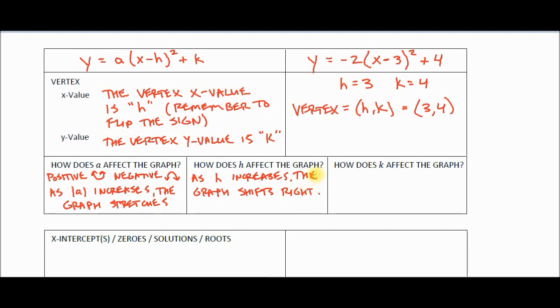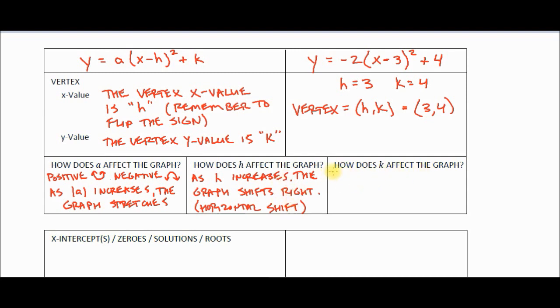And that means, class, that of course, as h decreases, the graph is going to shift left. So we're going to put on here, this is horizontal shift. h determines which way the parabola is going to show up, so it's going to determine whether it shifts left or right on the coordinate grid.